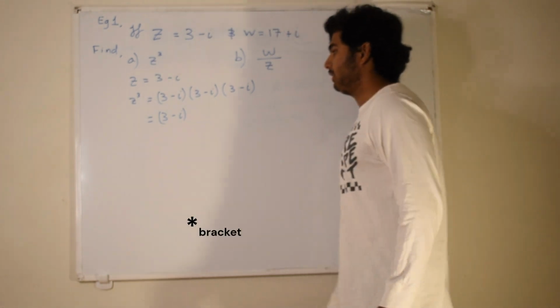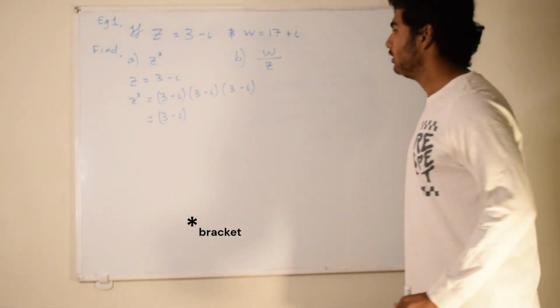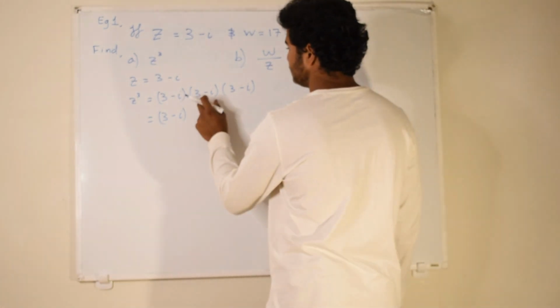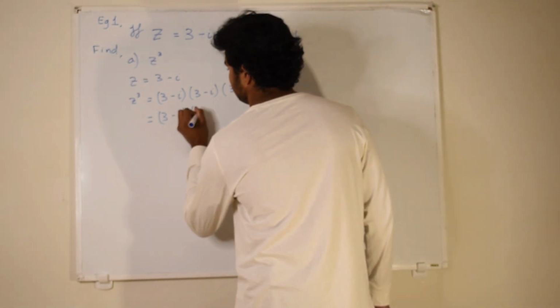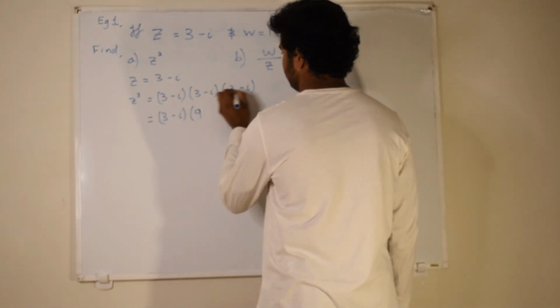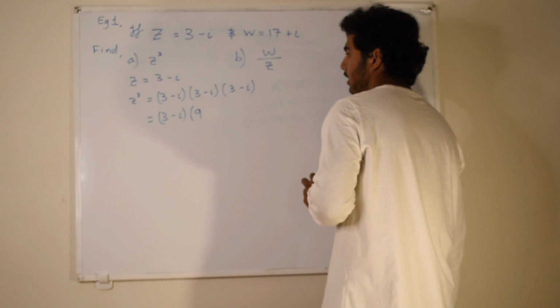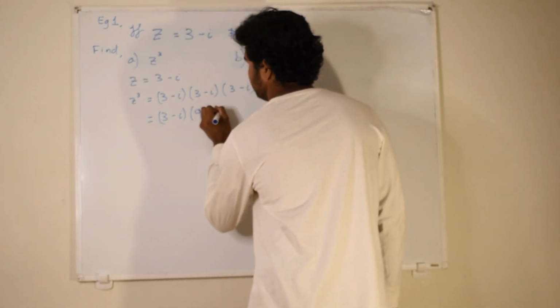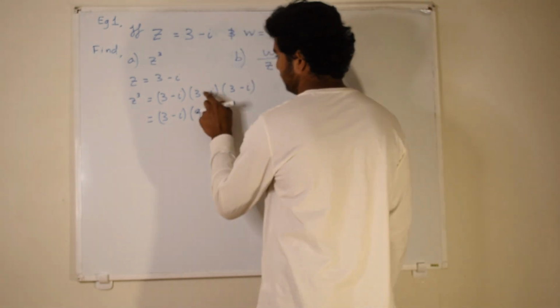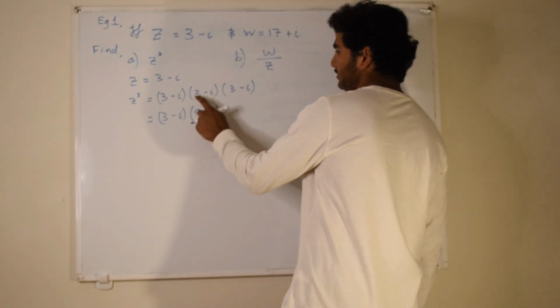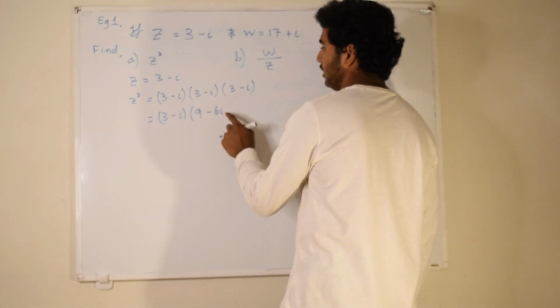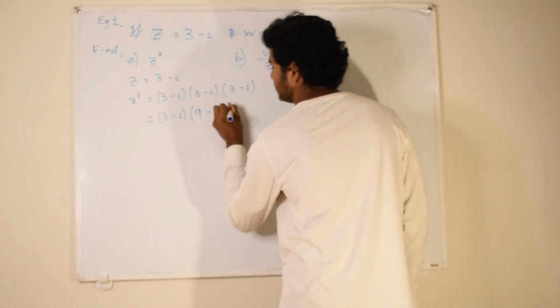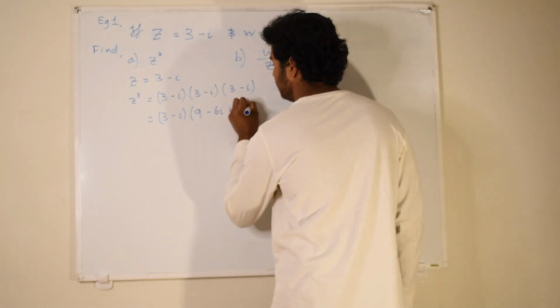So basically like binomial expansion. So we've got 3 times 3, which will be 9. 3 times negative i, it's going to be minus 3i, and then we times that again, it will be minus 6i, and then plus i squared.